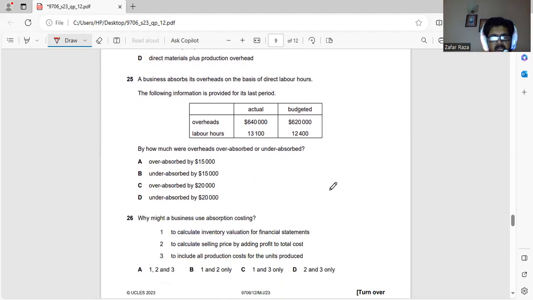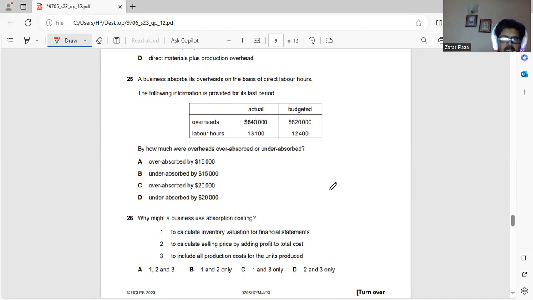Now, a business absorbs overhead on the basis of direct labor hours. So budgeted overheads is $620,000 divided by budgeted labor hours 12,400. That makes our budgeted rate $50.